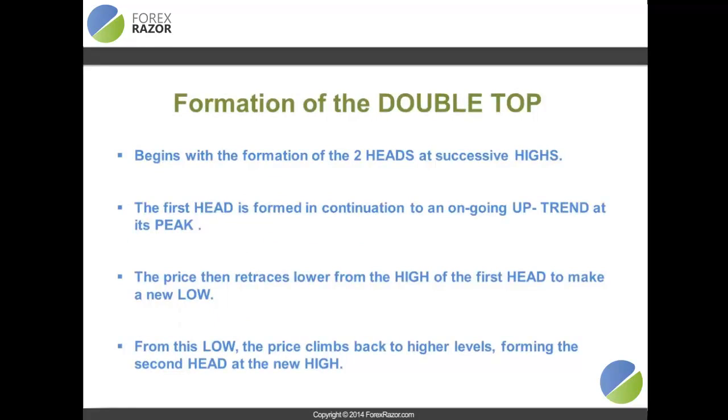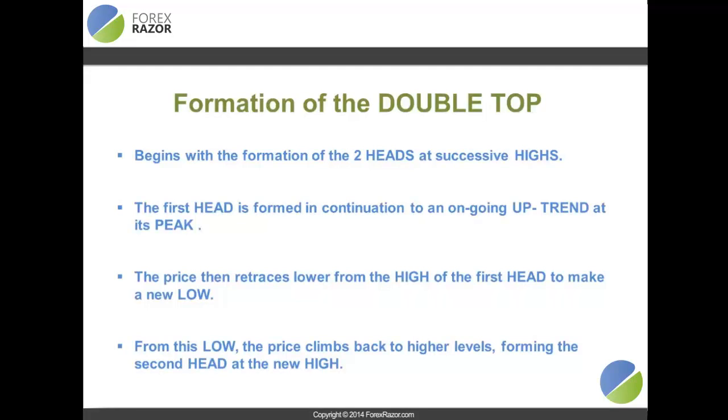The formation of double top begins with the formation of the two heads at the successive highs in a given price move. The first head is formed in continuation to an ongoing uptrend at its highest point or the peak. The price then retraces lower from the high of the first head to make a new low.